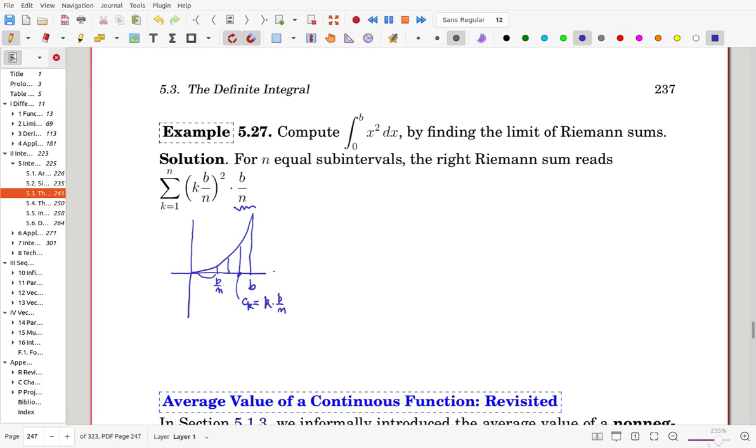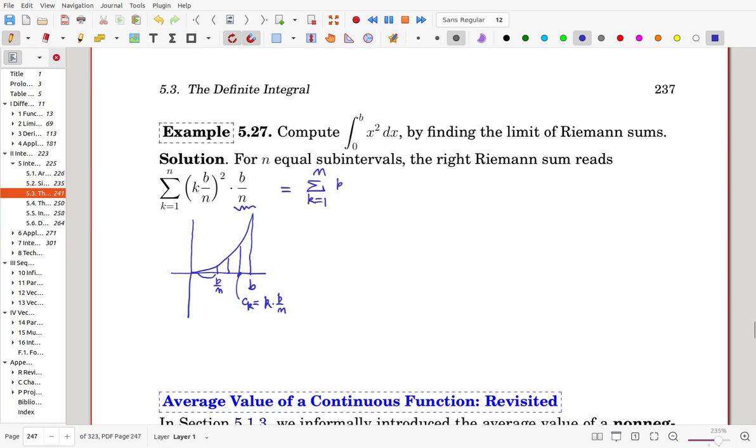The function value is x squared, so here k times b over n, squared, and that is multiplied by the bottom length. The summation is the Riemann sum.